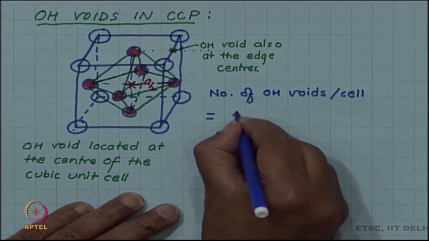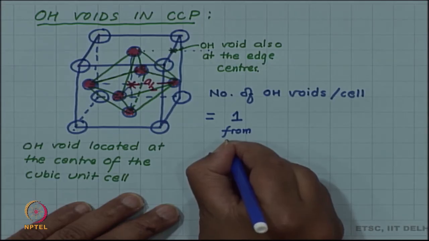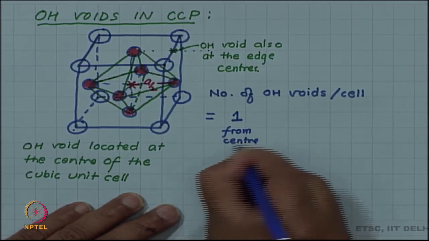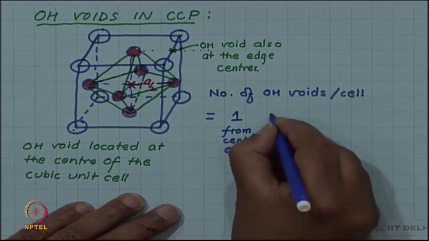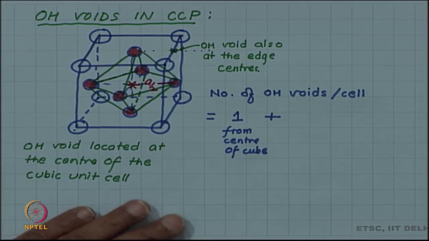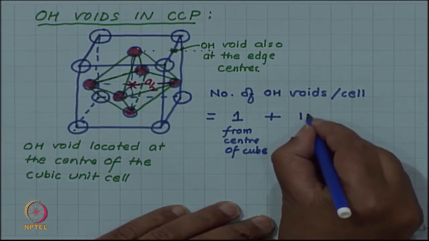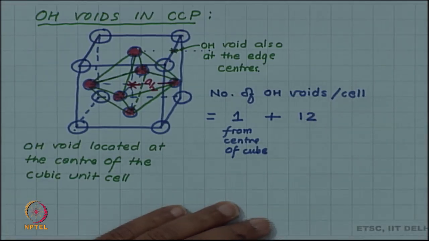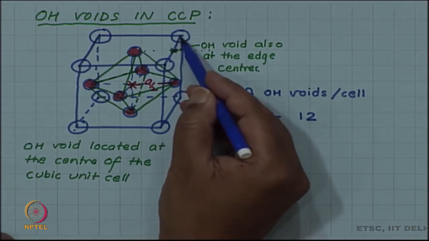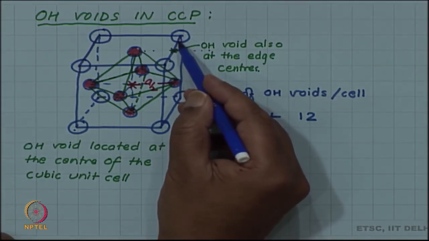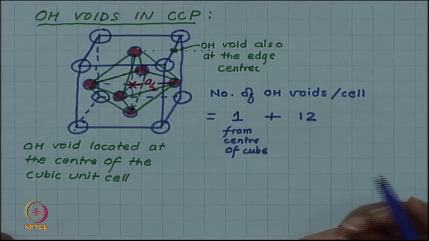So, I have 1 from the center of the cube, plus I have 12 voids located at the edges, as there are 12 edges of the cube. But if you look carefully in the 3D structure, each edge is shared by 4 cubes.